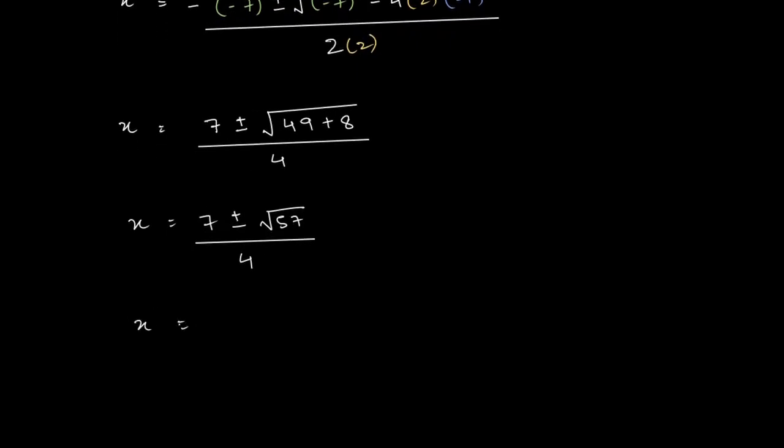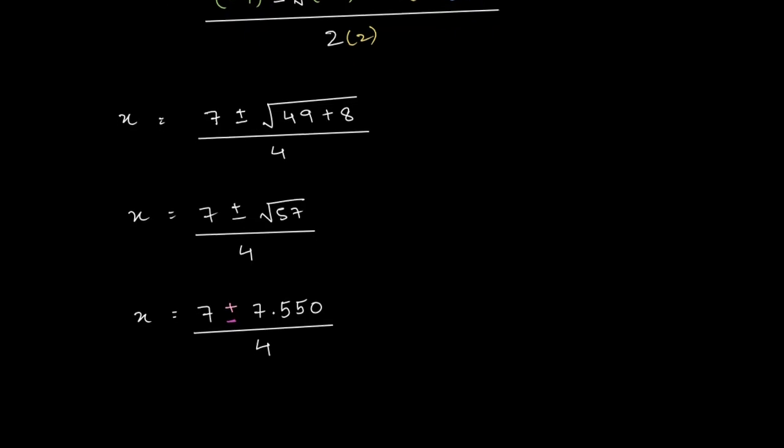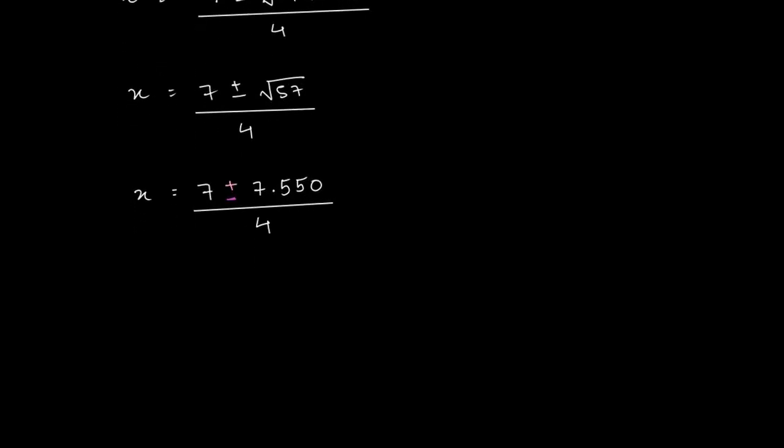Now, what is the value of square root 57? That we'll need to find from our booklet, which has all the square root values from 1 to 100. And from that, I can see that the value of square root 57 is 7.550, this entire value divided by 4. Okay, so now we will get our two roots of the quadratic equation.